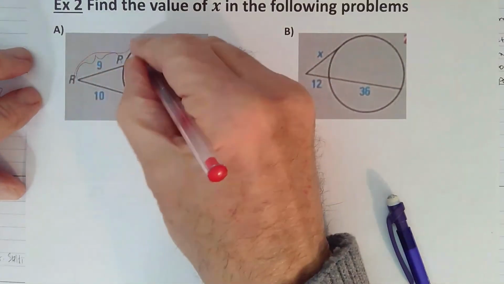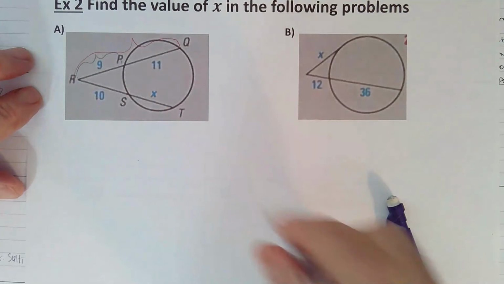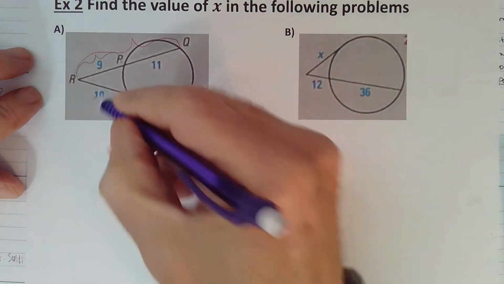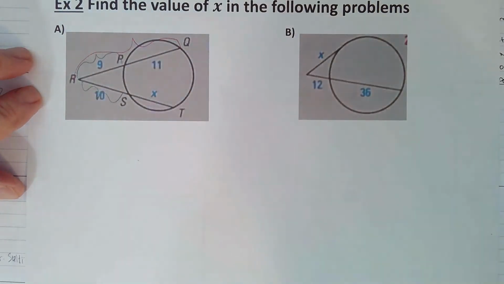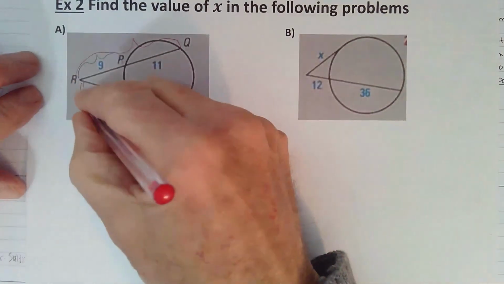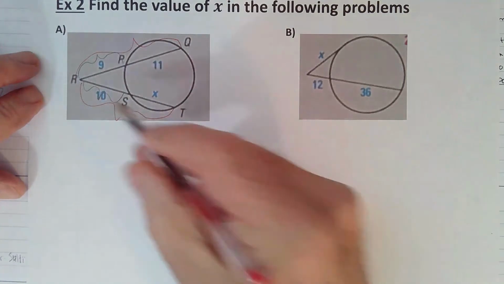So times all of this. All right? And then we're going to do the same thing down here with the second secant. RS is going to be multiplied to the entire length of that, SRT.